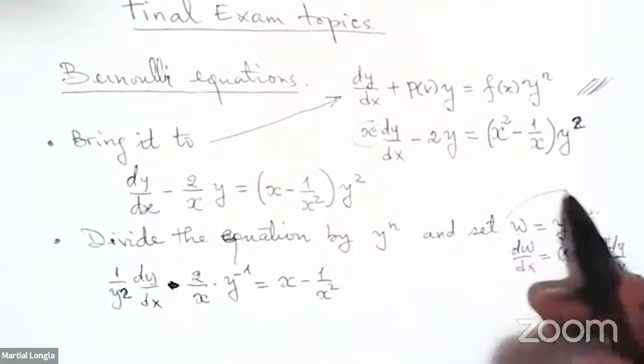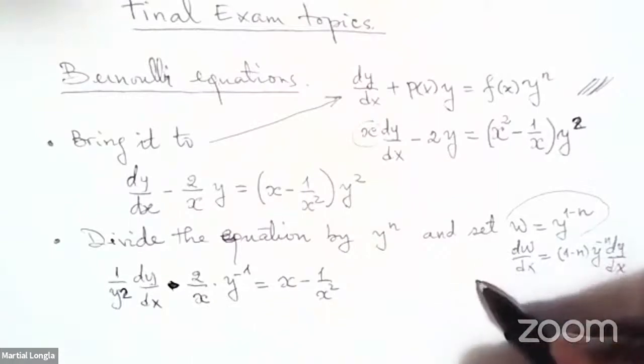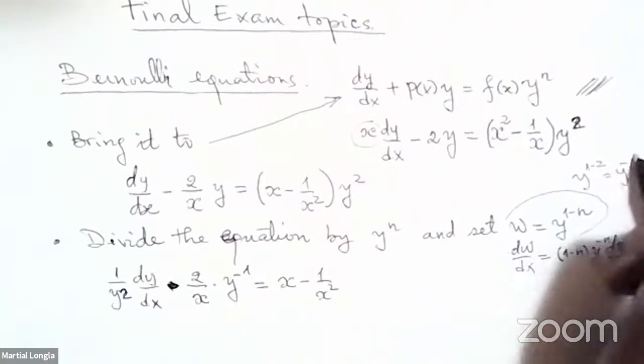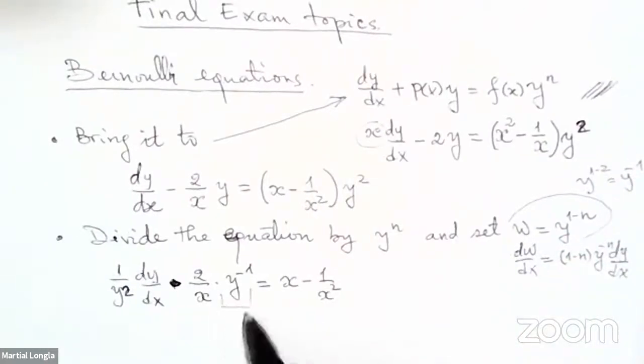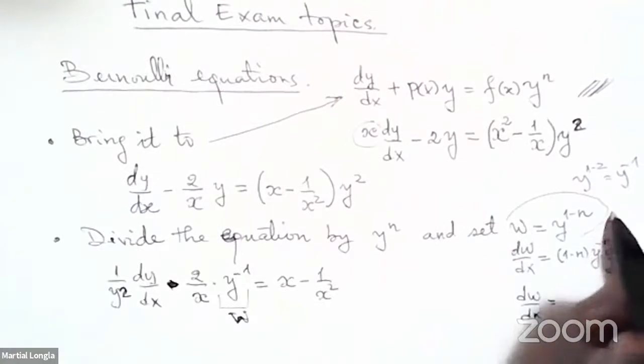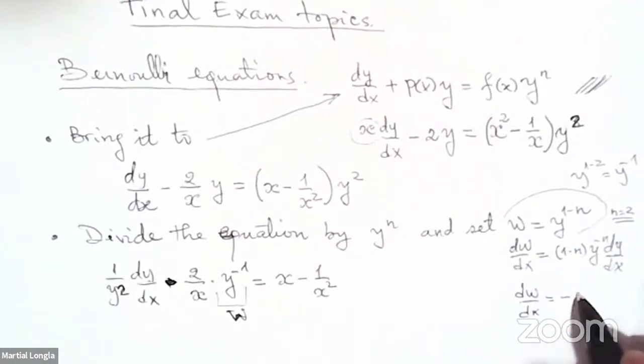So when we set w equal to y to the power 1 minus n, in our example, that is y to the power 1 minus 2, which is y to the minus 1. So this is that w that we just set. And here, our dw/dx in our example with n equals 2 is negative y^(-2) dy/dx.